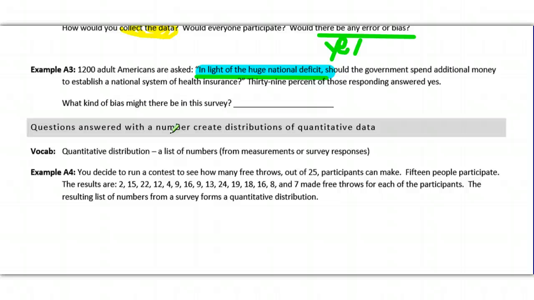It makes them think about something differently before they give their answer. So what kind of bias might there be? We would call that wording bias, or something similar to that. There is bias in how we phrase what we're doing here.